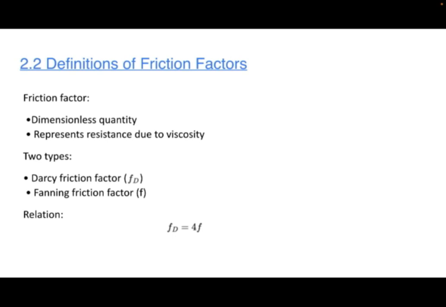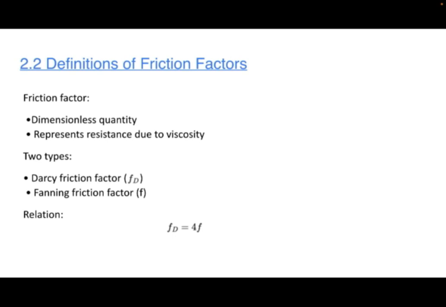Definition of friction factor. Friction factor is a dimensionless quantity that represents the resistance to the flow of a fluid in a conduit due to the effect of viscosity. It plays an important role in fluid mechanics calculation, particularly in determining the pressure drop or head loss in a fluid system. There are two types of friction factor: the Darcy friction factor and the Fanning friction factor.